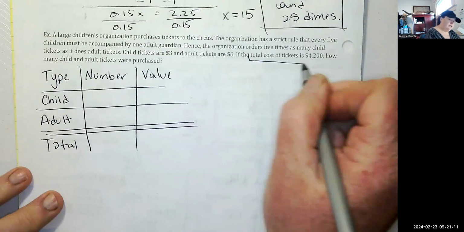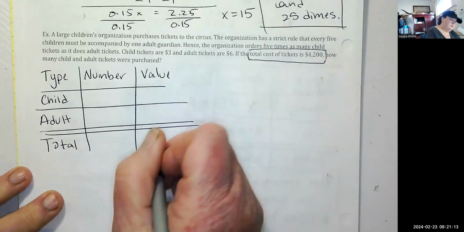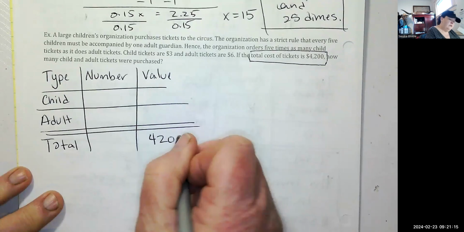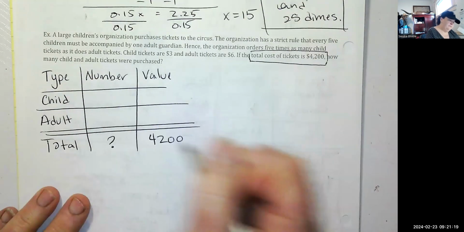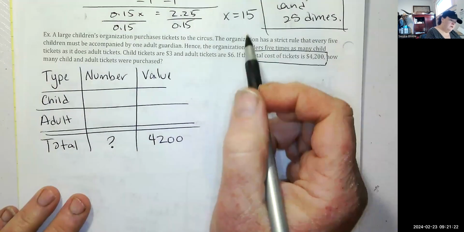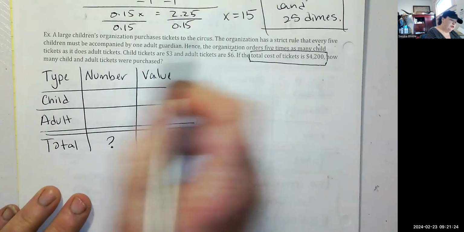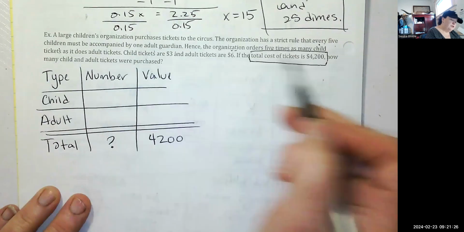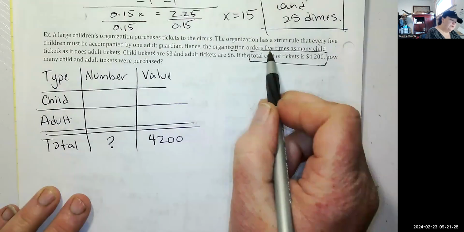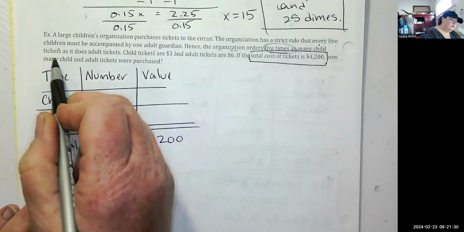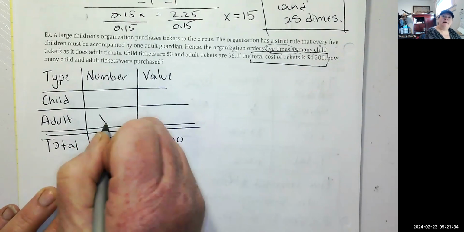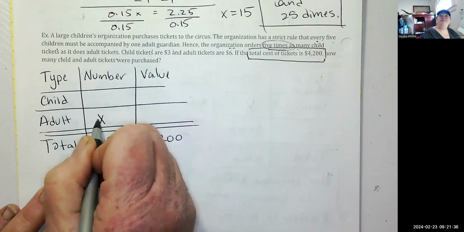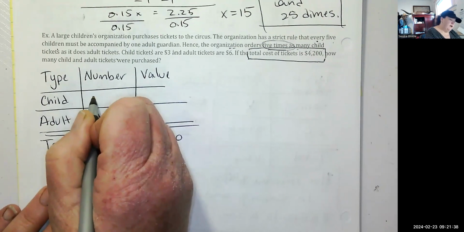Total cost is $4,200. That goes there. We do not know this. Every 5 children must be accompanied by 1 adult. So there's 5 times as many children's tickets as adult tickets. So if we let adult tickets be X, the children's tickets are 5 times that, which is 5X.